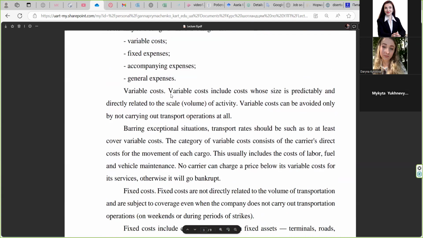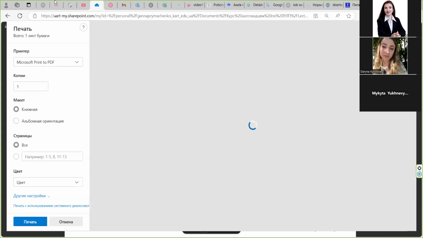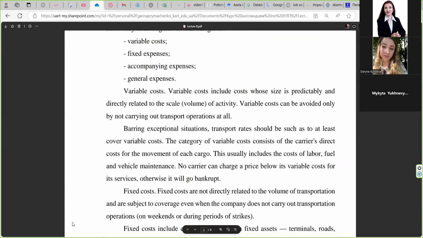First, it is variable costs. Variable costs include costs whose size is predictably and directly related to the scale or volume of activity. Variable costs can be avoided only by not carrying out transport operations at all.